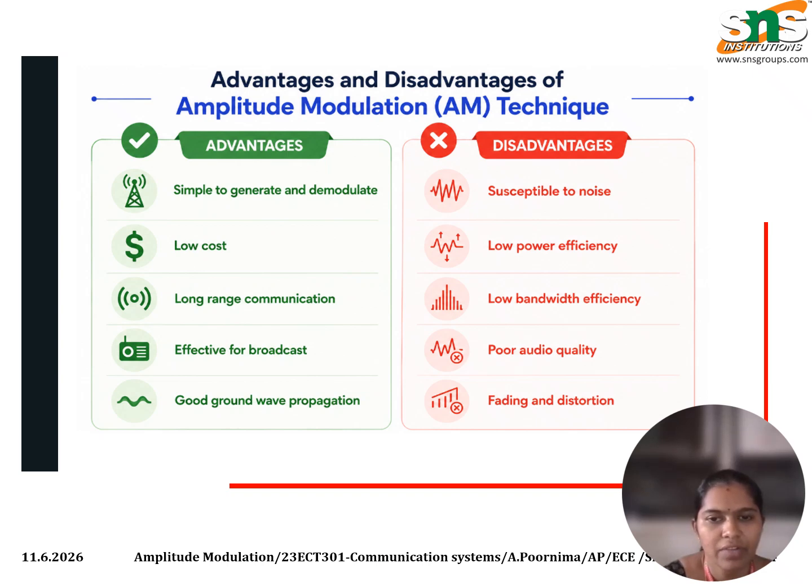This makes the power efficiency of the AM wave very low. And since it has 2 fm bandwidth, the bandwidth efficiency of the AM wave is very low. And due to amplitude modulation, it gives poor audio quality and fading and distortion issues. So these are the disadvantages of the AM signal.